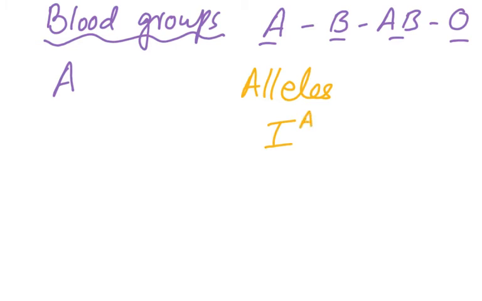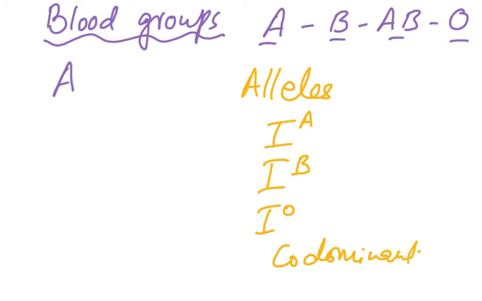So there's IA, there is IB, and I raised to the power O. The reason we're using 2 letters is that this shows a phenomenon of codominance. The people with blood group AB are showing both the dominant alleles, so that is why this will be called codominance.